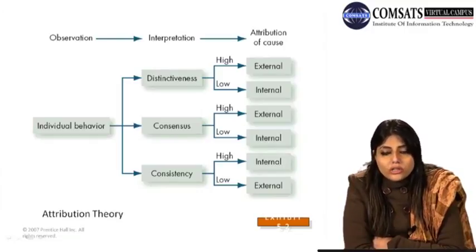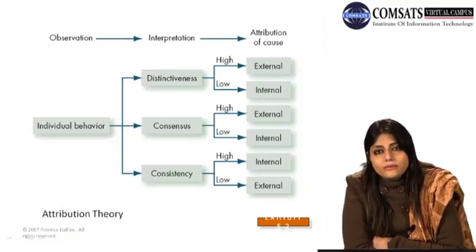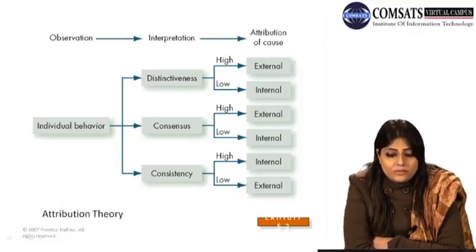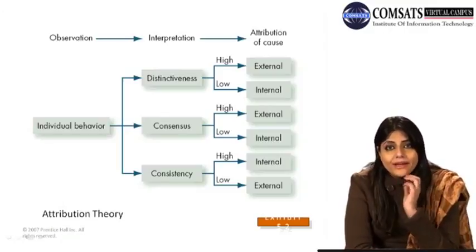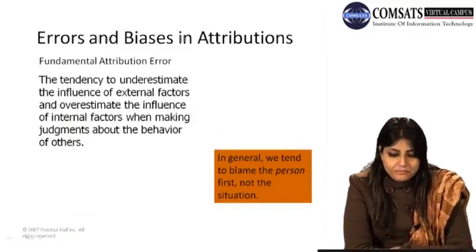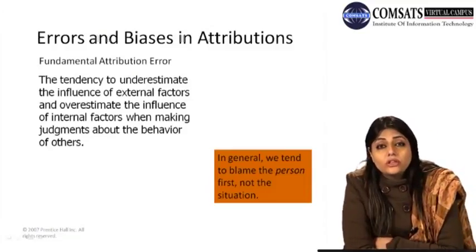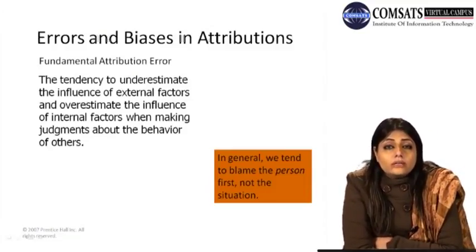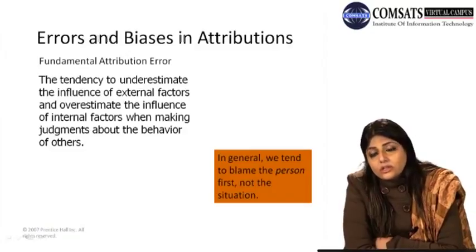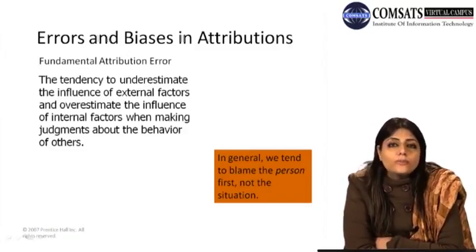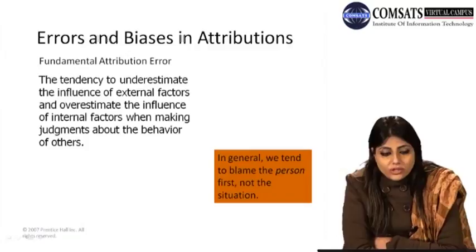You would attribute the cause to the internal factors as the latecomer, and the external factors, you won't hold them as much responsible. So your perception will be formed that way. So this is how, basing on the perceptions of the individuals, they attribute certain behaviors or certain reasons to certain causes, which are either external or internal, and then you form your perception, and then you make your decision.